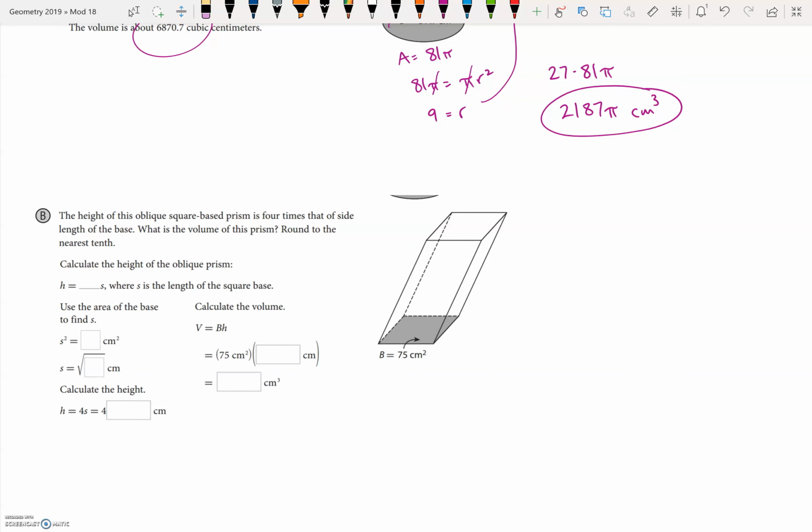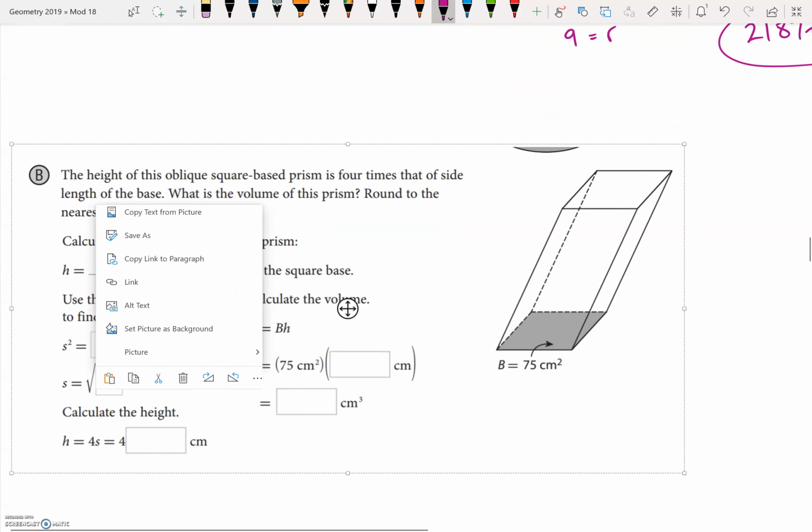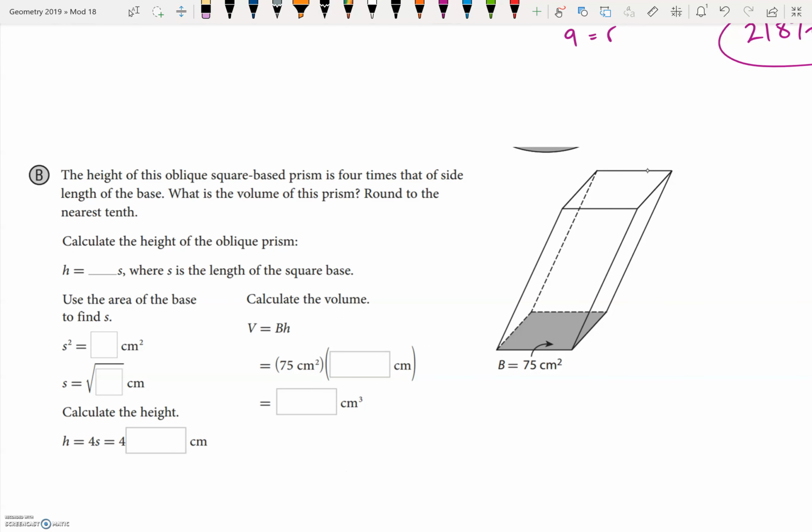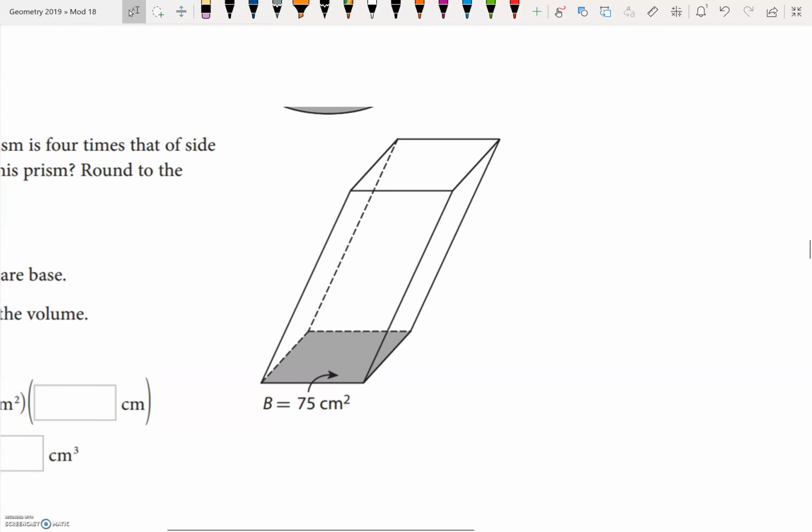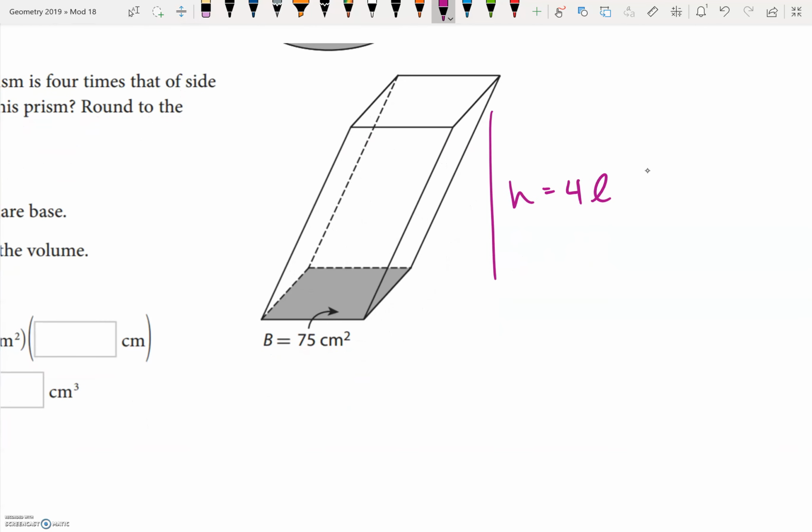Let's go ahead and look at this one here. It says the height of this oblique square-based prism is 4 times the length of its base. So the height equals 4 of one of the lengths. It's a square. So how are we going to figure out the area of our base if we have a square?